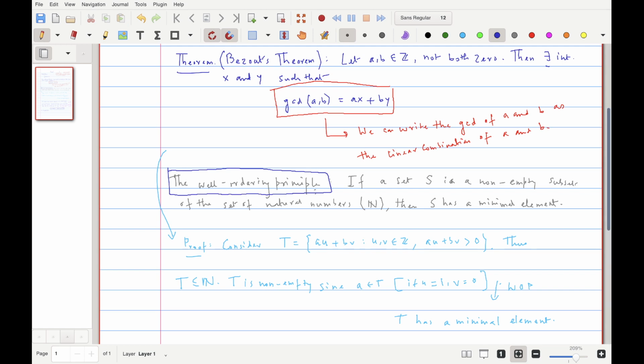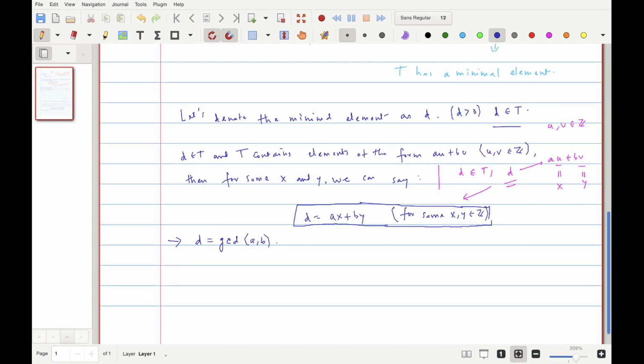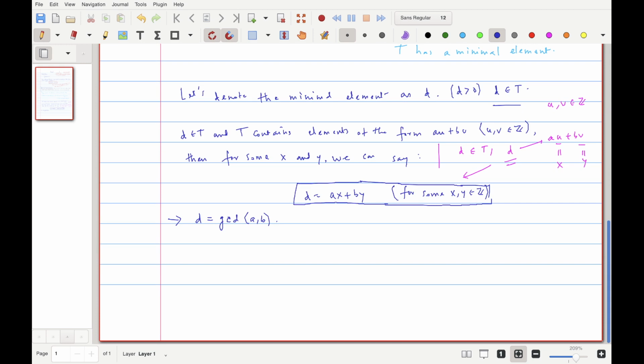So we need to show that D is the GCD of A and B. Also mind that it's very important to understand that since D is the minimal element of T, the GCD is the minimal element of this set. We will discuss that in a later corollary. Do not worry.